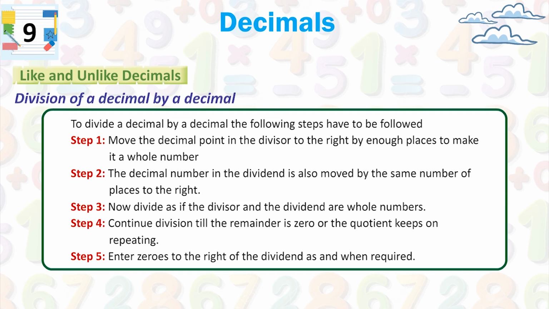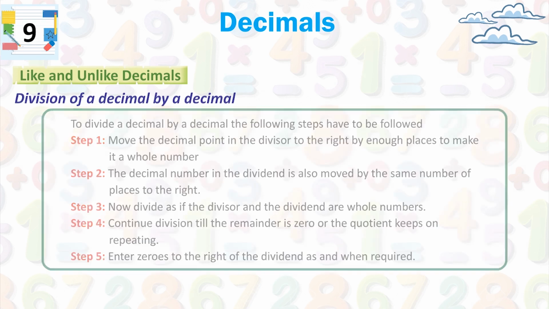Step 3. Now, divide as if the divisor and the dividend are whole numbers. Step 4. Continue division till the remainder is 0 or the quotient keeps on repeating. Step 5. Enter zeros to the right of the dividend as and when required.